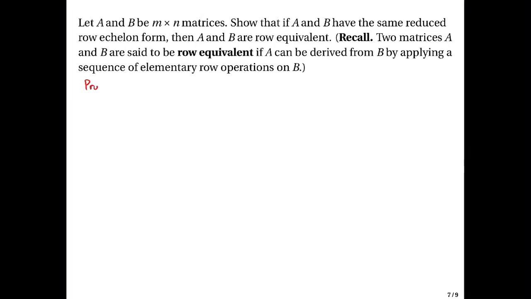So let's have the proof. Let A and B be m by n matrices such that they have the same reduced row echelon form.